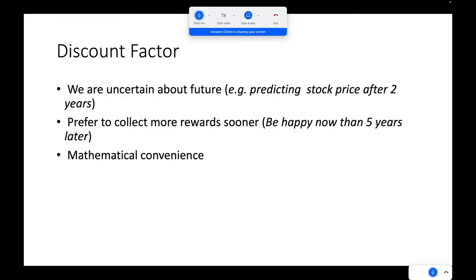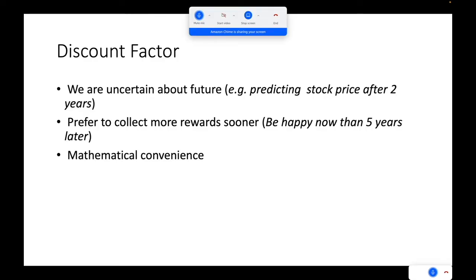Now, this discount factor is needed because we're uncertain about the future. We may not know the price of a stock after 2 years. Sometimes we might prefer to collect more rewards sooner than waiting forever. You want to collect some rewards now.